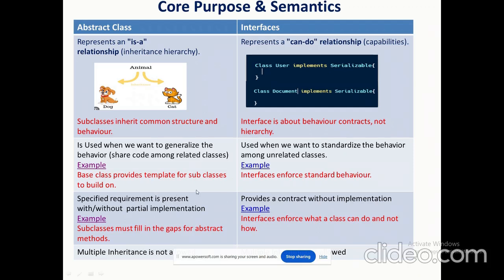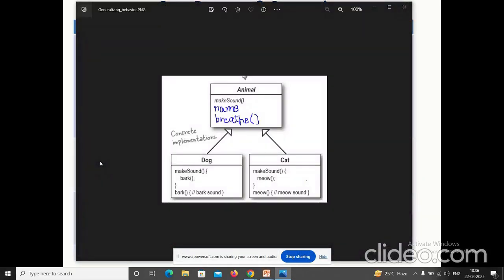Now, abstract class is used when we want to generalize the behavior, which means that abstract class can share code, fields, methods across the subclasses in order to reduce redundancy. An example would be an animal abstract class, which defines a name field, a breed method.